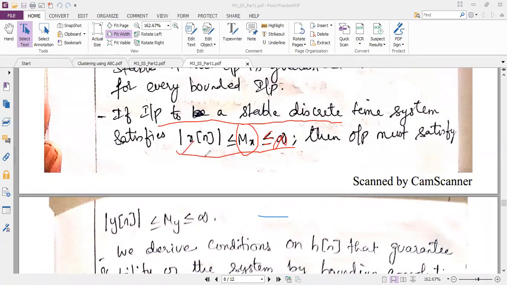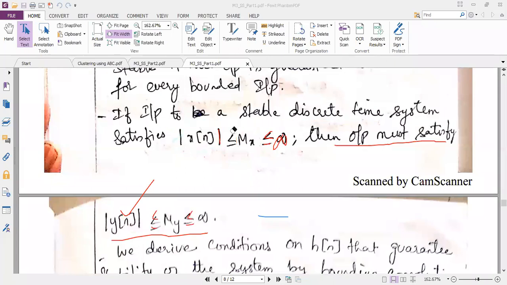If the input is bounded, definitely the output should also be bounded. For that, the condition is magnitude of y of n less than or equal to my, which is less than infinity. This is the same as the previous module's definition for the stable system.